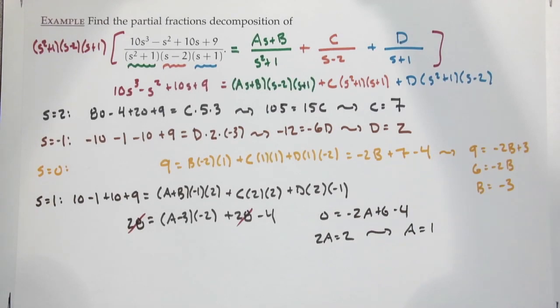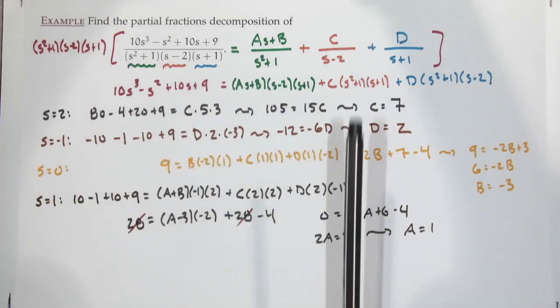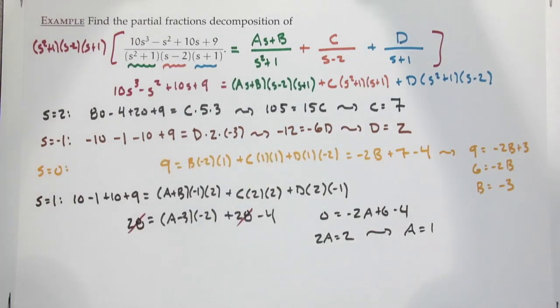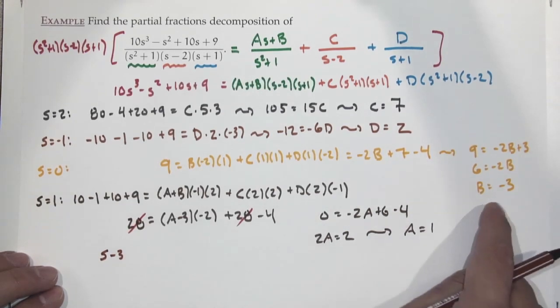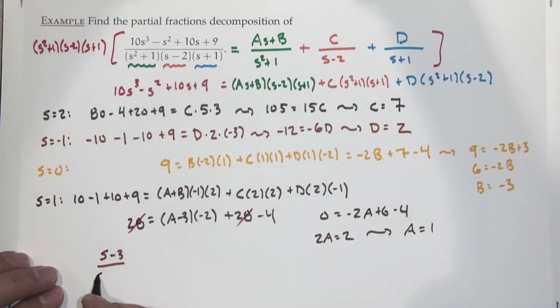All right, so our question was to find the partial fractions decomposition. We found A, B, C, D. So our final answer is just to put it all together and we'll be done. So we have s, because A is 1, minus 3, since B is minus 3, over s squared plus 1.